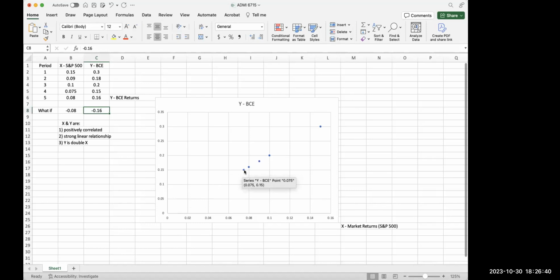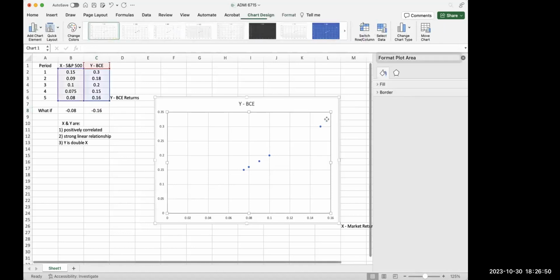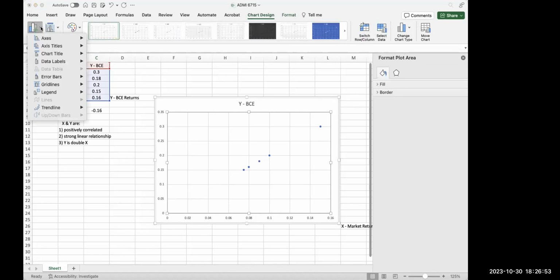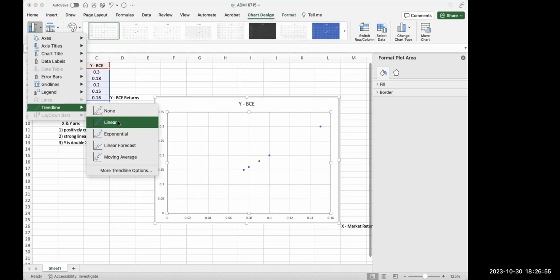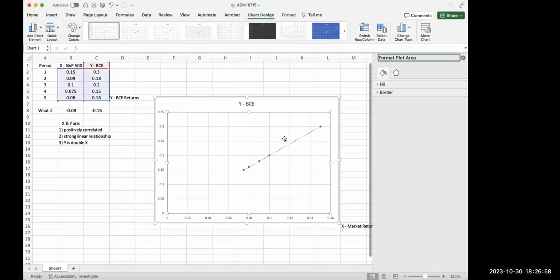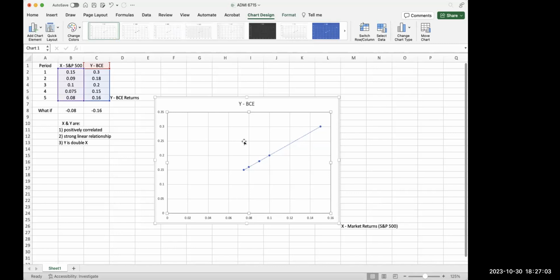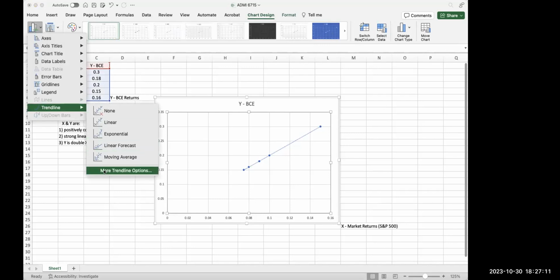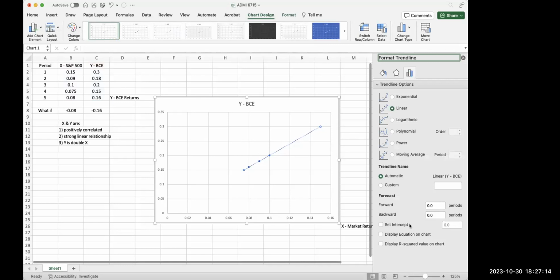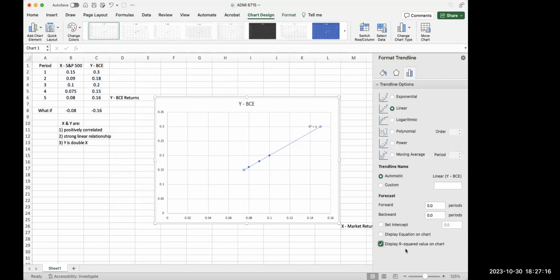Okay, so this is my example. I want to show you how to get a trend line out of this. So we double click in Excel and then we can add a trend, hit linear, and it'll attach it. And you can also ask, from more trend line options, to display all this information.